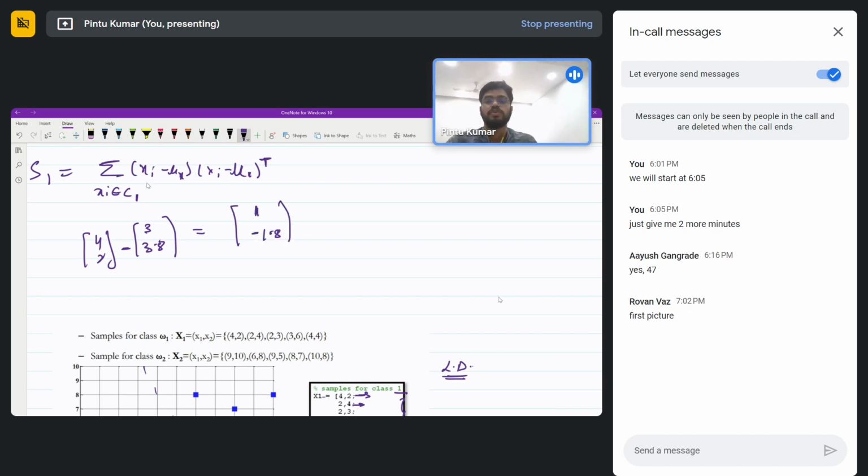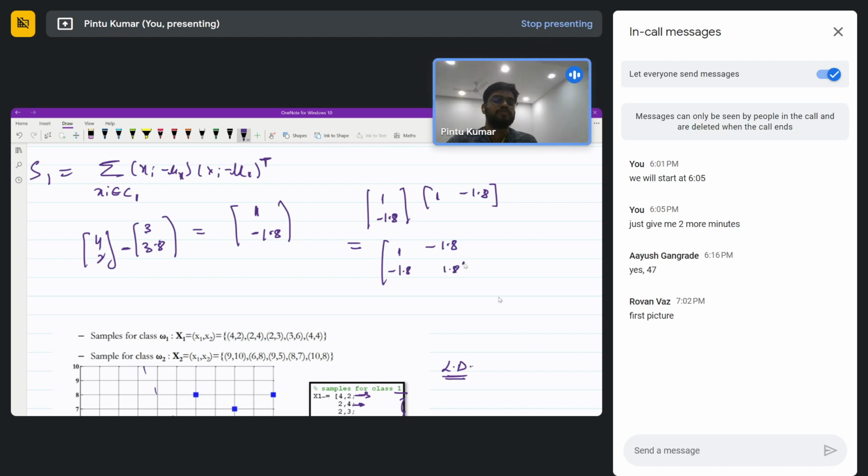What would be the first component? This would be 1 minus 1.8 times 1 minus 1.8. What do we obtain? This is 1, this is minus 1.8, this is minus 1.8, and this is 1.8 squared. You can calculate 1.8 squared. This is how you will get the first component. Similarly, if you take the second data point, you will get the second component and add it.